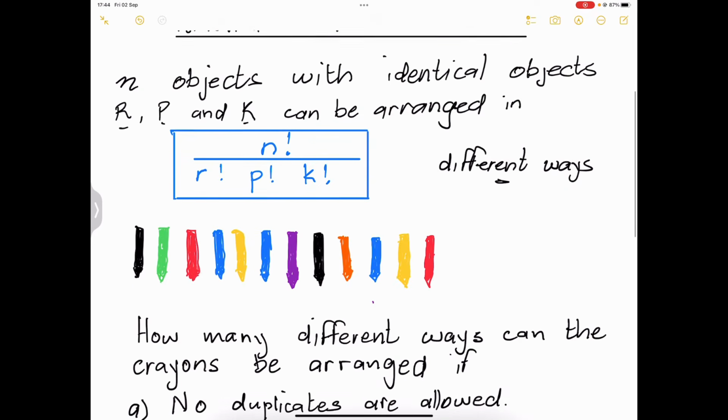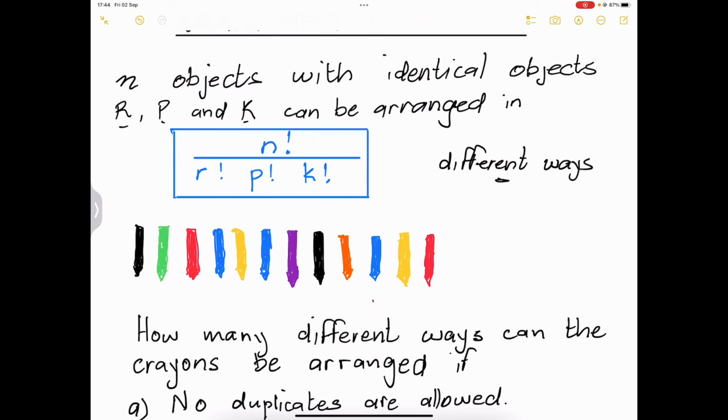Suppose I've given you 12 crayons. So that's 1, 2, 3, 4, 5, 6, 7, 8, 9, 10, 11, and 12. However, you notice that you've got crayons that have a similar color.